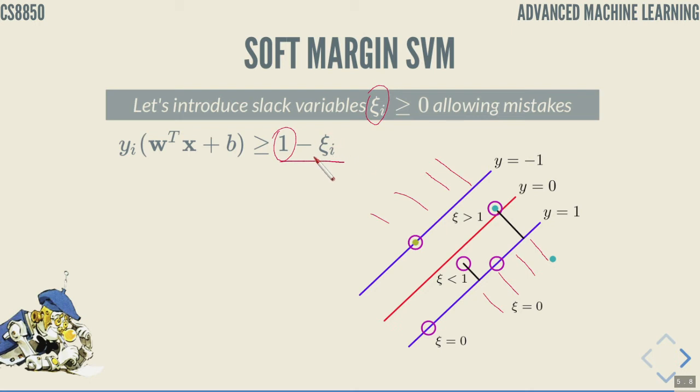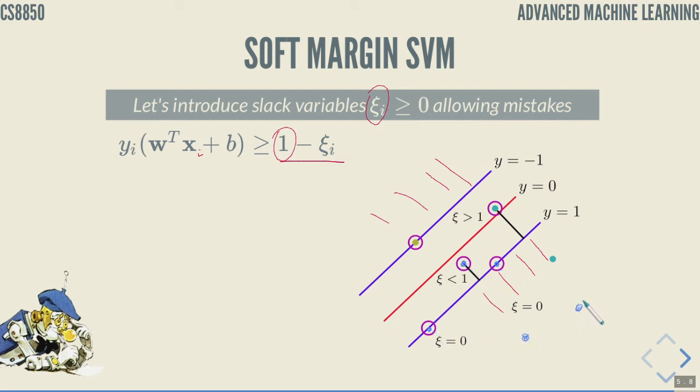But now we're saying, okay, sometimes mistakes happen, so for each particular sample we allow a slack variable. So it could be a little wrong.